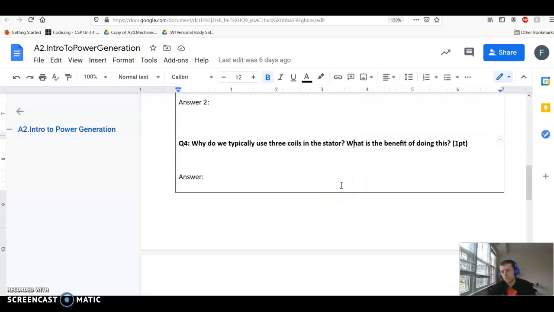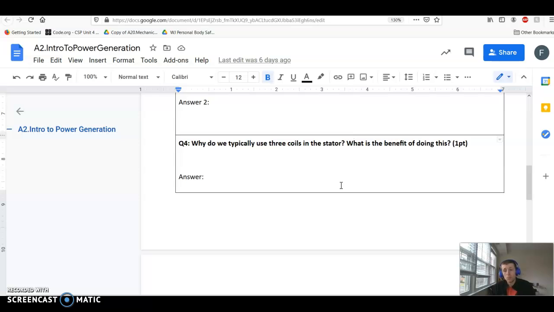What is the benefit? Usually the idea here is you can have electricity in 3 phases. If you have 3 phases, you don't ever have a time where there's no current flowing through your system. This is important so that the lights in your house don't flicker on and off all the time as the giant turbine somewhere is spinning.